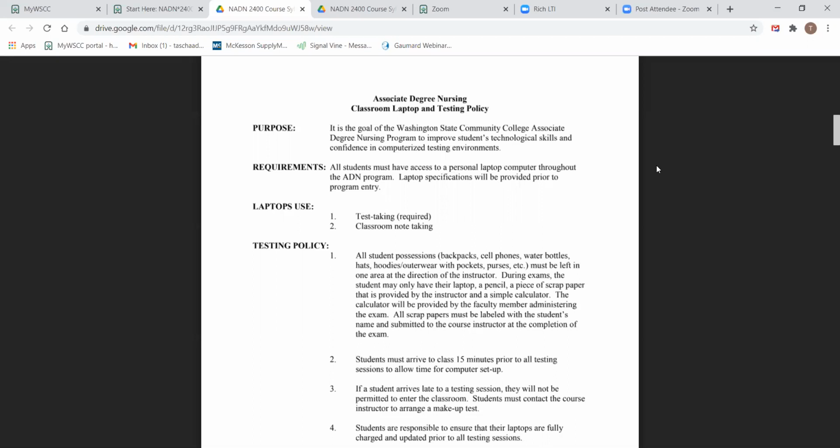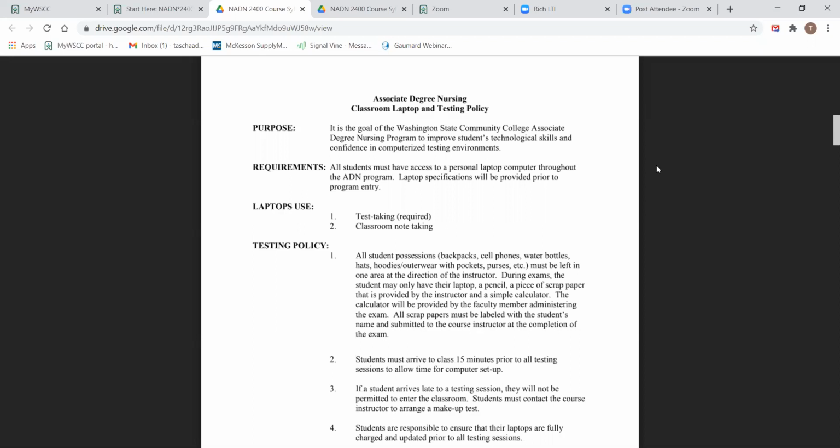Requirements: all students must have access to your personal laptop throughout the ADN program, and laptop specifications will be provided during the entry of the program. So everyone should know what those are. You've been using your laptops up until this point. You know how we use it in the classroom setting for test taking, as well as for class note taking.